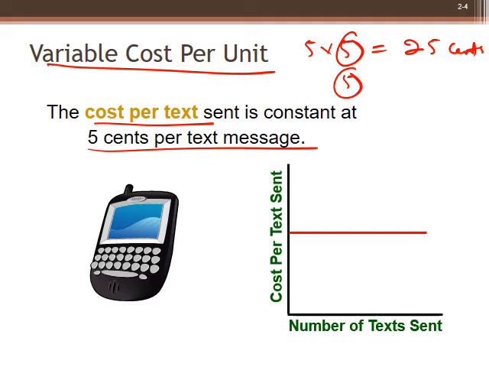So it is very strange and very lovely as well, because total variable cost increases or decreases with the level of activity, while the per unit variable cost behaves like a constant.